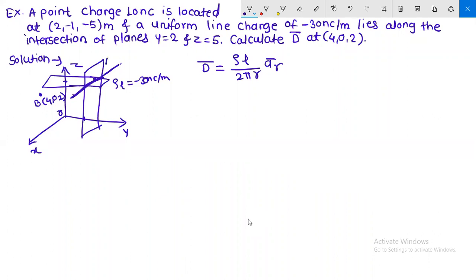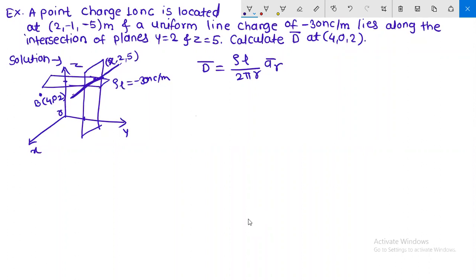Now what are the coordinates of this point? What is the x coordinate? X is not given. We are considering 0 to 5. If that coordinate is present, then I consider this as x, but while calculating we are not considering the x coordinate as the line is parallel to the x axis.